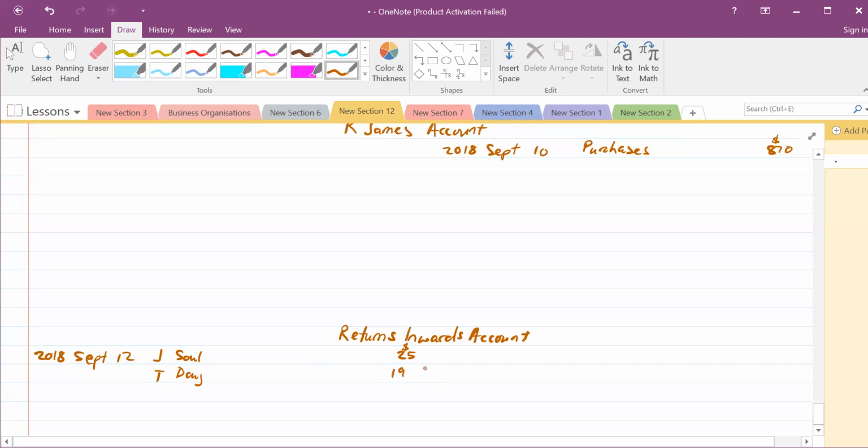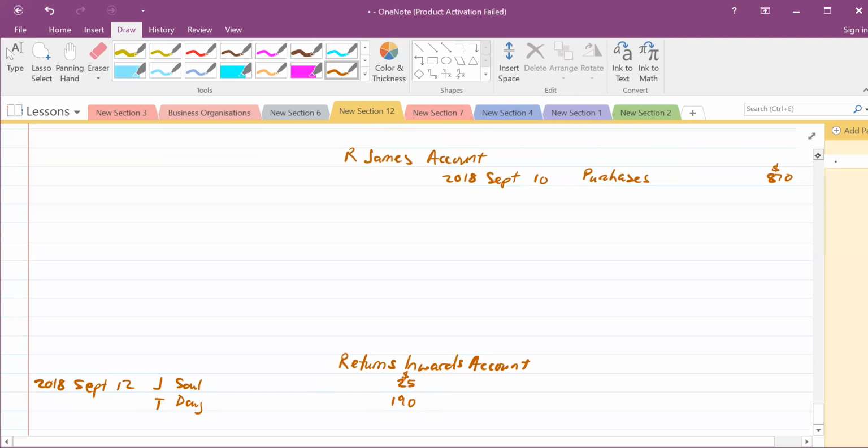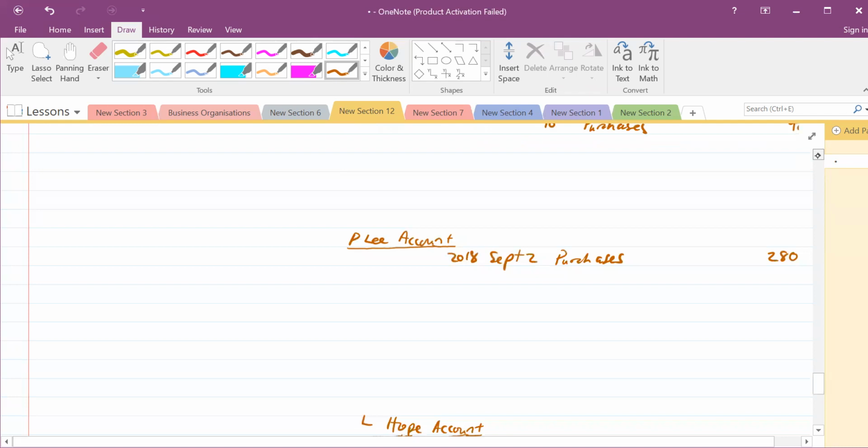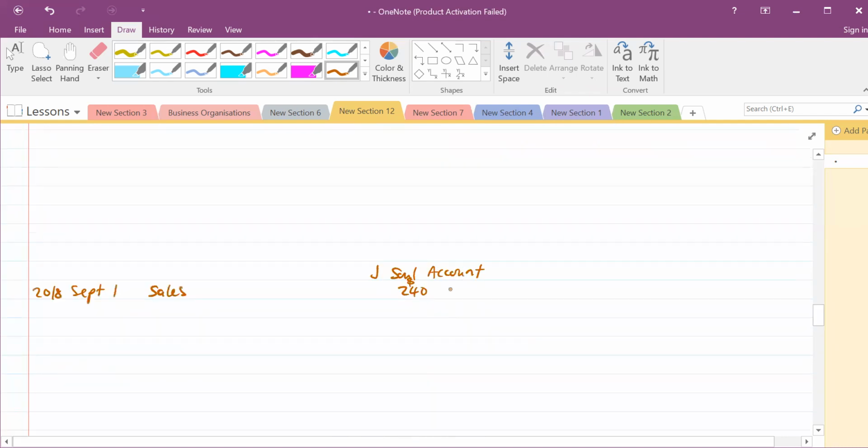And to complete the double entry, we go to these accounts, JSOL and T-Day's account. There is JSOL's account. We have to reduce his account, he is a debtor, and when debtors are decreasing, we credit. So 2018, September 12th, we say returns inwards or sales returns. How much? 25 for JSOL.